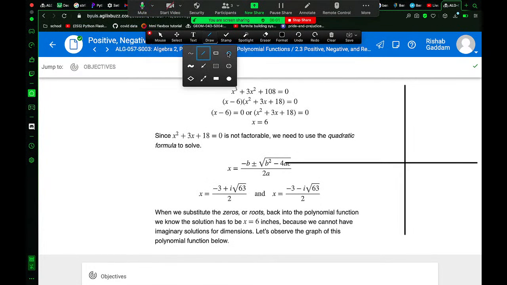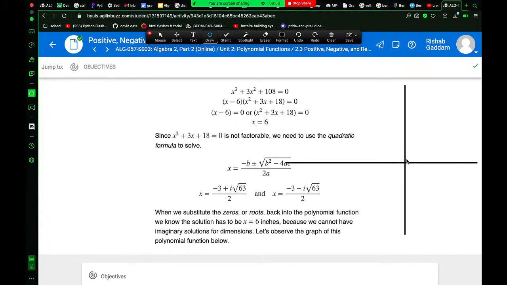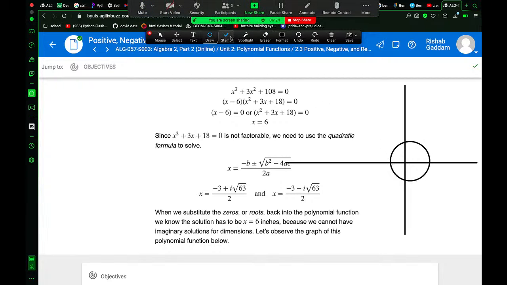Now let's just draw a circle, I guess. There we go, that's a circle. So there's a circle, right? And it's on the graph. And so the zeros of this circle are actually this place right here.